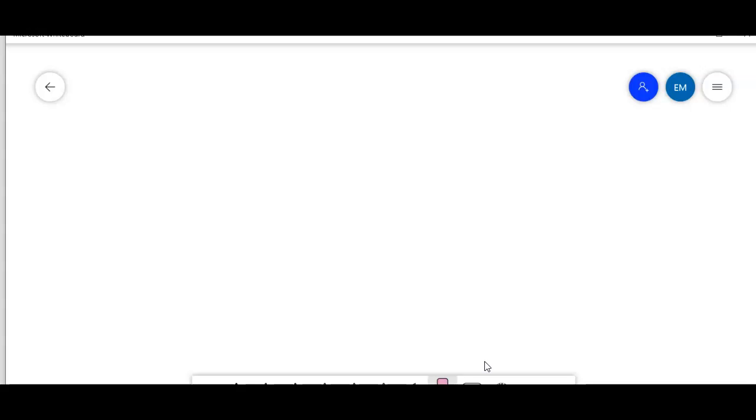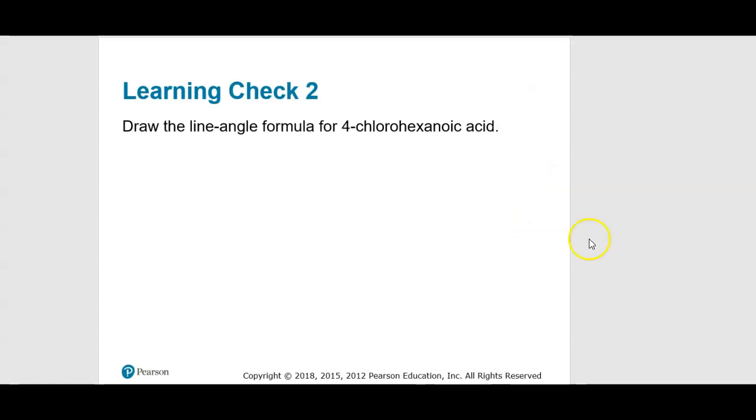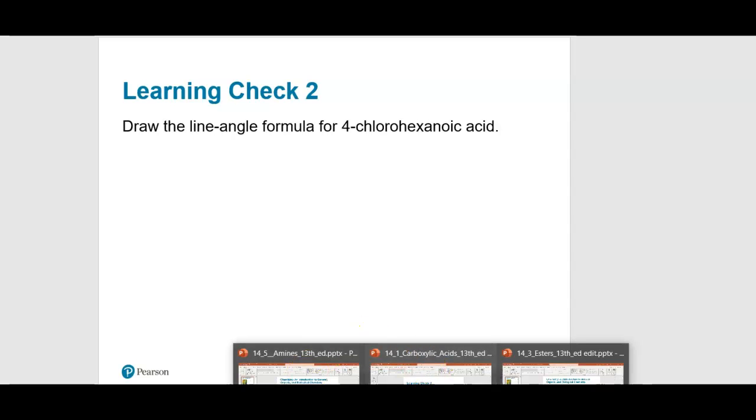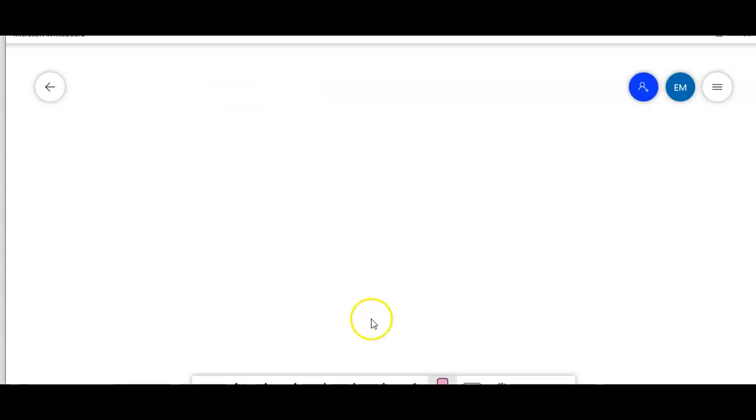You glance at these things when you're looking through them the first time and you don't see any issues, and then you try to work through them in detail and you find issues. But I don't think there's going to be any issues here. Okay, 4-chlorohexanoic acid.